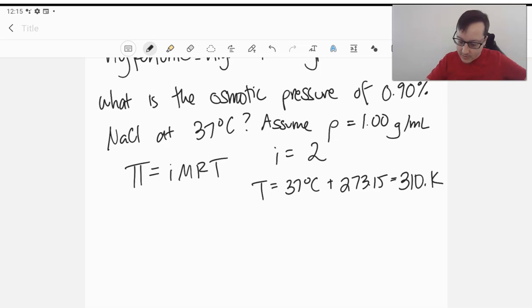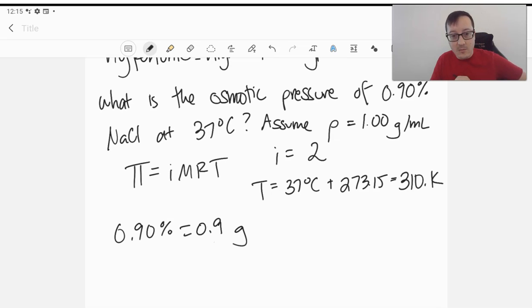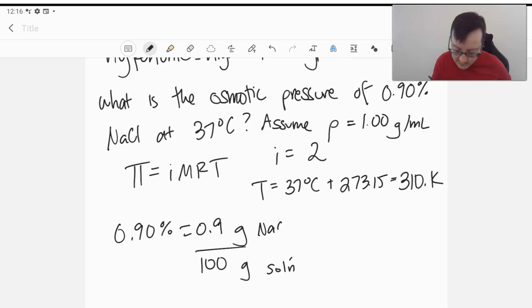So 0.9% is the same thing as saying we have 0.9 grams in 100 grams of solution, right? 0.9 per 100. That's what percent means, per cent, century, 100. So this would be of solution, and that's of sodium chloride.